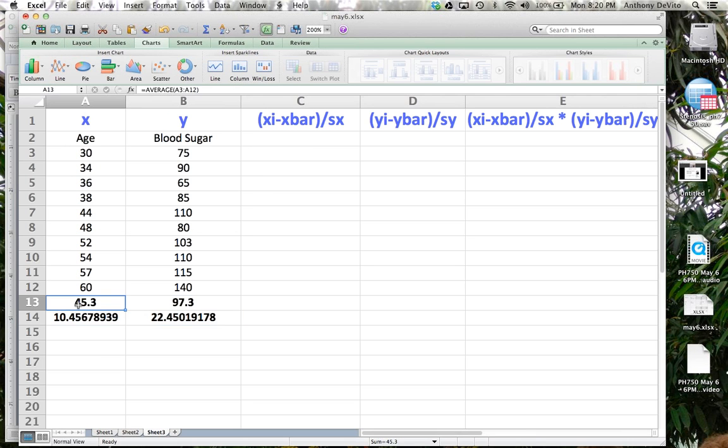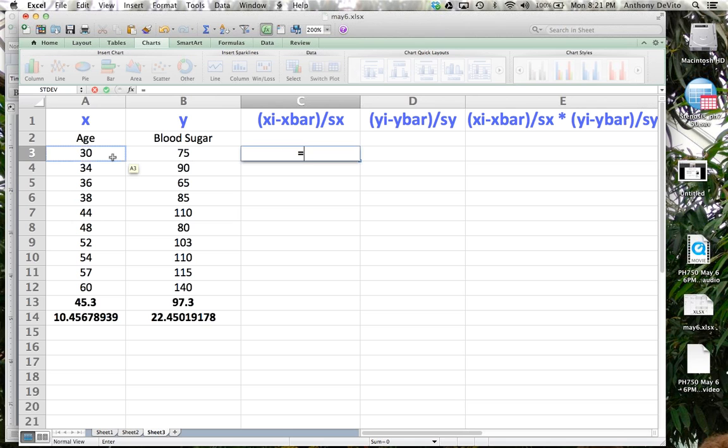Okay, so I got the mean now for X. I got the mean for Y. I got the standard deviation for X, standard deviation for Y, and I'm going to be able to calculate all these values at this point. So this is going to be equal to my first individual X value, minus my average X value, which is going to be this value.